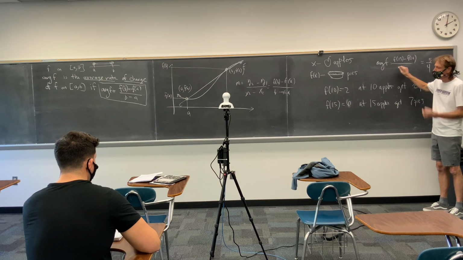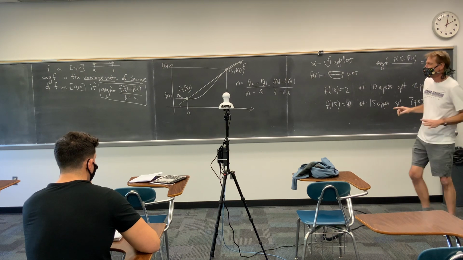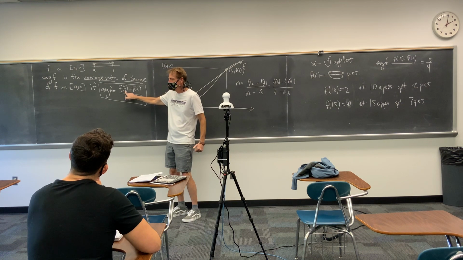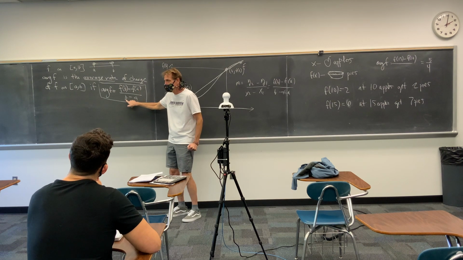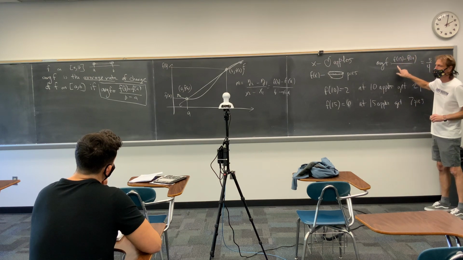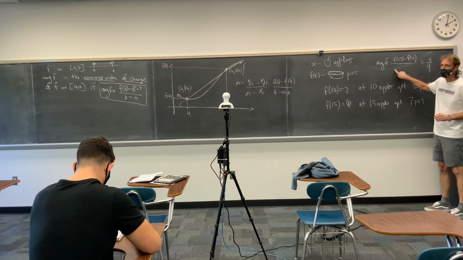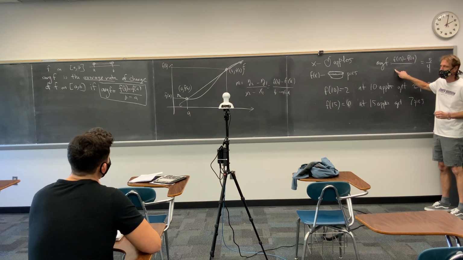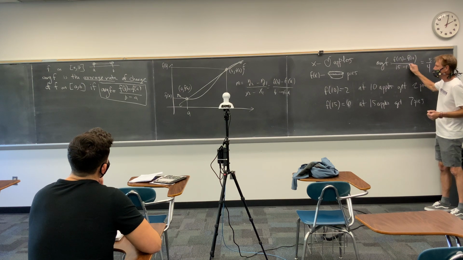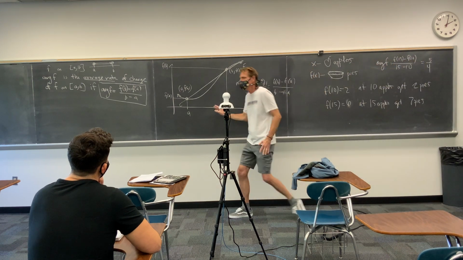6 minus 2. Okay, now guys, if we think about that, if we come back here, it's f of b minus f of a over b minus a. So what would be in the denominator? Not 6 minus 2, but 15 minus 10. This is why we're doing this. They're domain values, what goes into the function.